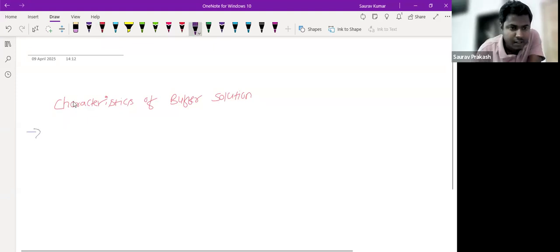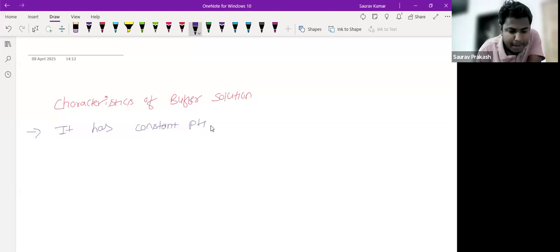First characteristic: it has a constant pH value.